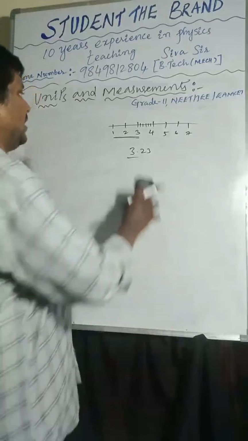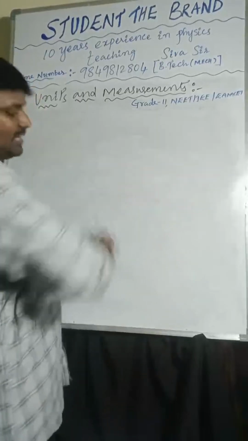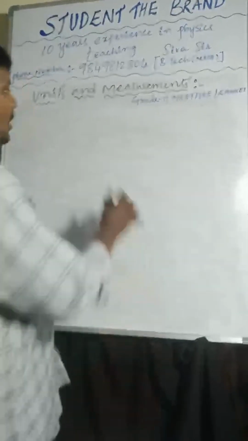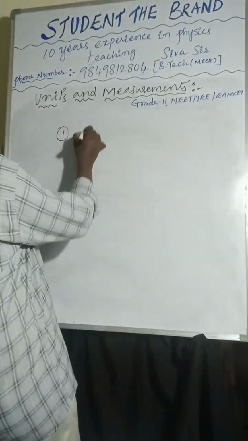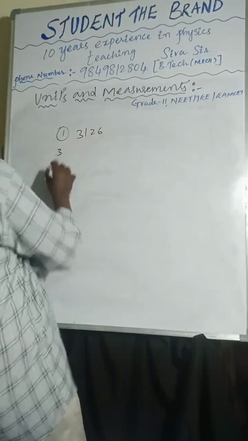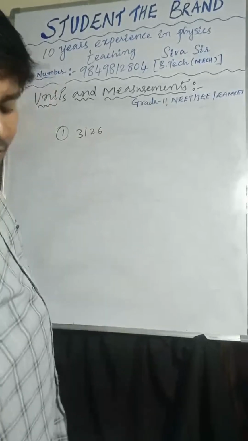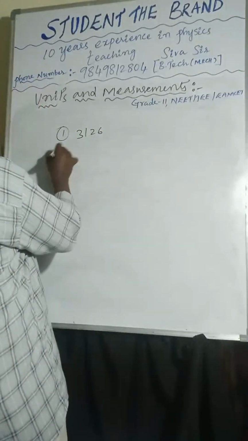So, rules for writing the significant figures. First one, all non-zero digits are significant figures, like 3, 1, 2, 6. The second one, all zeros occurring between the non-zero digits.